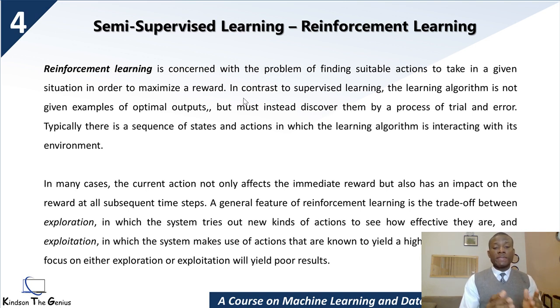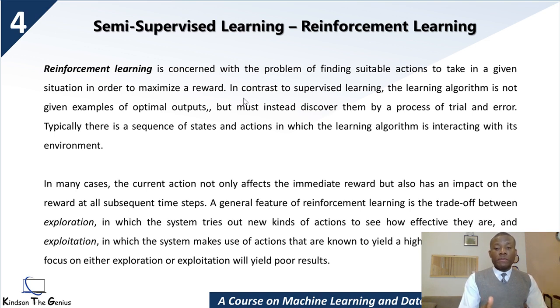Typically, there are a sequence of states and actions in which the learning algorithm is interacting with the environment. So here, we have some inputs given, but not as many inputs as will be given for supervised learning. In many cases, the current action not only affects the immediate reward, but also has impact on the rewards of all subsequent steps.